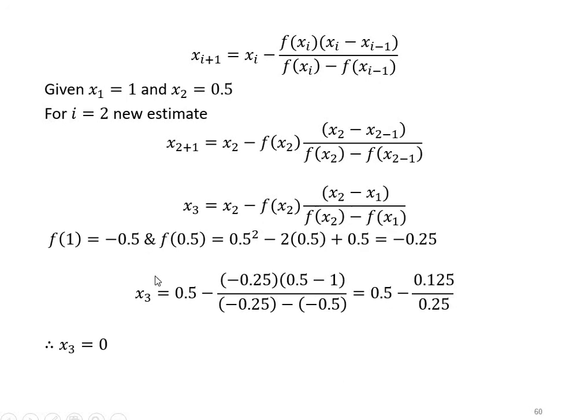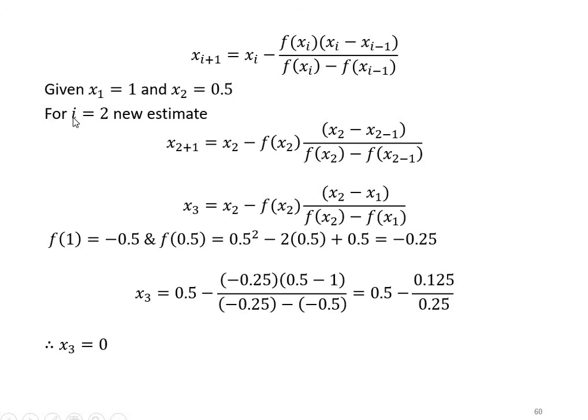How about for x3? So for x3, you use the same method, but in this case, you need your x1 and x2. You need two initial points that precede x3. So that will be x1 and x2.